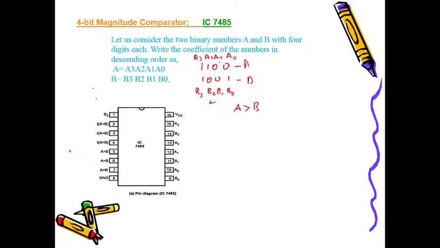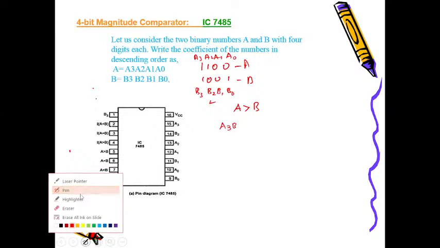Next bit, it will check. Similarly, the next and the very next. So bit by bit, if you compare, you have to plot the values like this. For that I have the mapping. Just a minute.